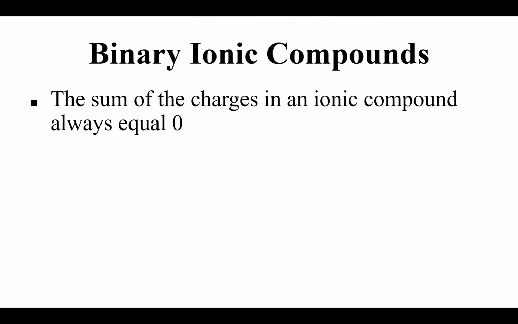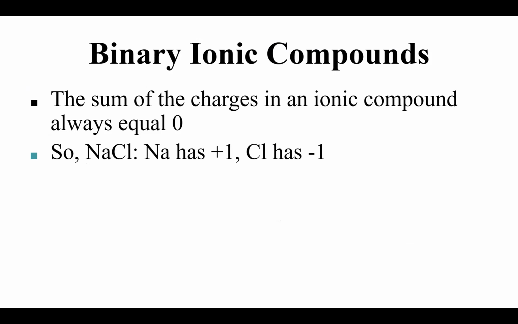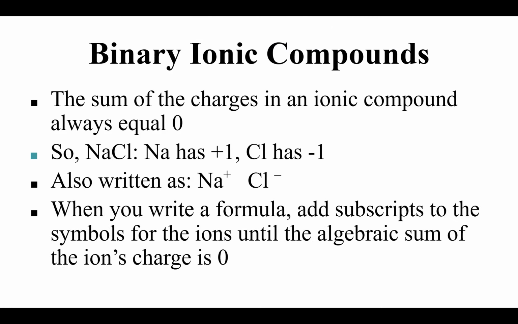The sum of the charges in an ionic compound always equals 0. The sodium atom loses 1 electron to become an ion, and it will have the +1 charge. Chlorine gains an electron to become a -1. We add a +1 and a -1 together. The sum of the charges is always 0.